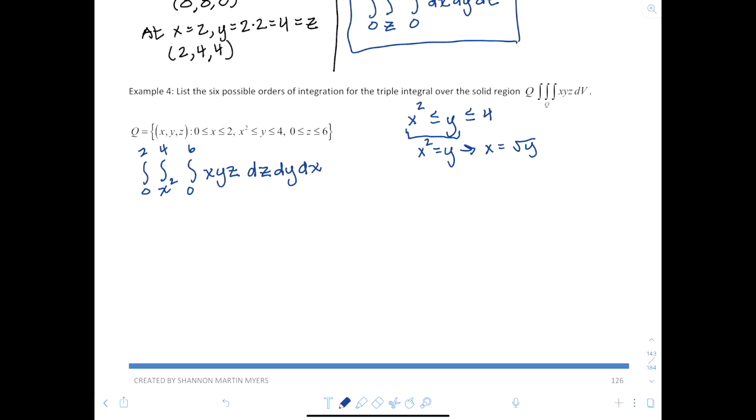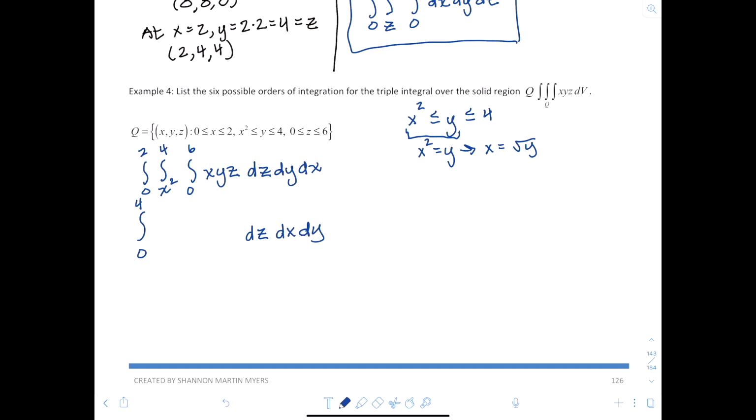Another way we could integrate is if we take a look at keeping the dz here, but switching the dx and the dy, then we will have y ranging from 0 to 4, because when x is 0, y is 0, right?